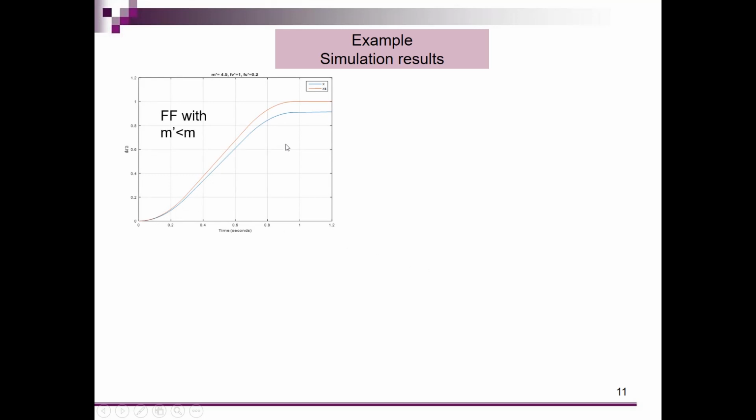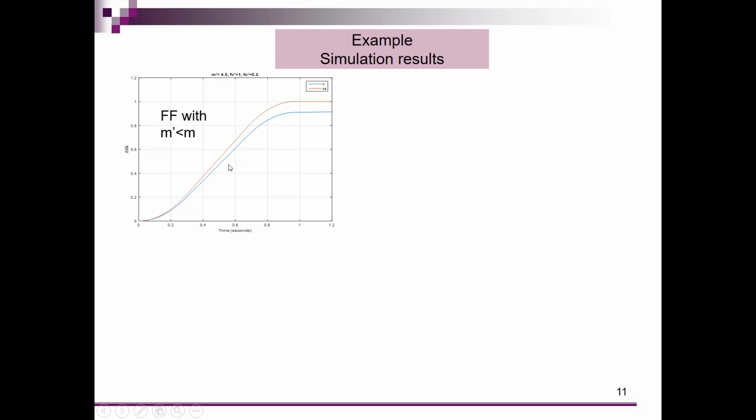In this graph, we have only used a feed forward, so not a feedback controller, and we put the mass 10% lower than the real mass. And what we see is that we have quite a good tracking performance, but at the end we have an offset over here because we do not have a feedback controller in this situation.